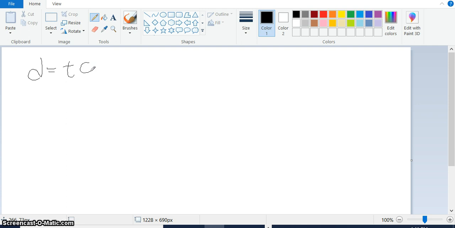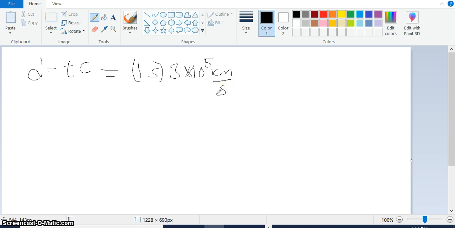All right, so here let's write this out. We've got 1 second, right? That's what they told us. 1 second is the amount of time that goes on, so that makes the multiplication quite easy. Times 3 times 10 to the 5th kilometers per second.